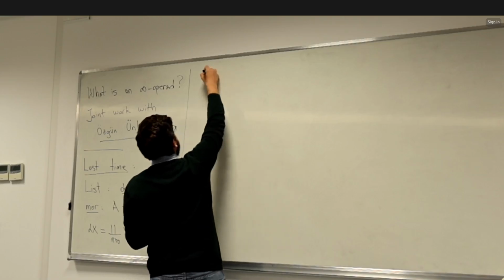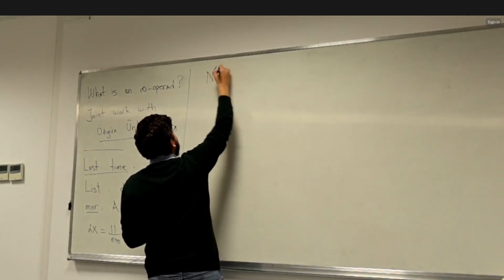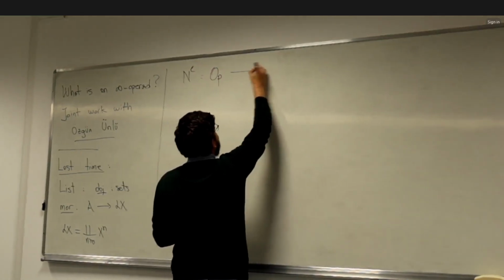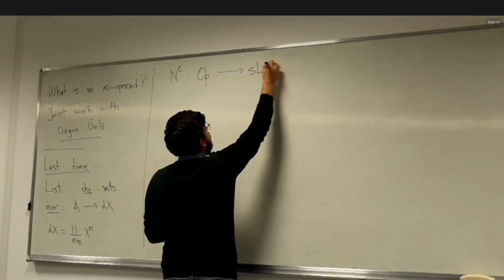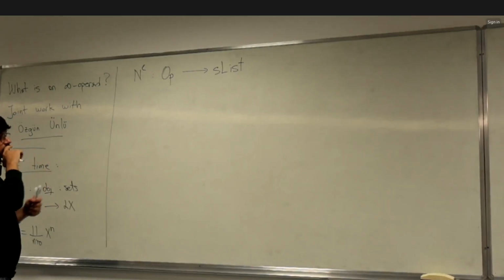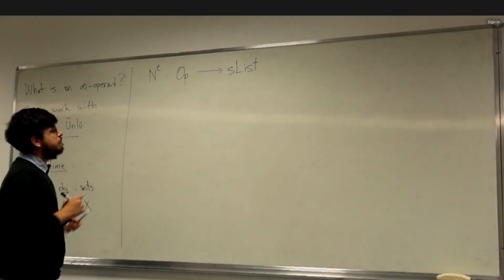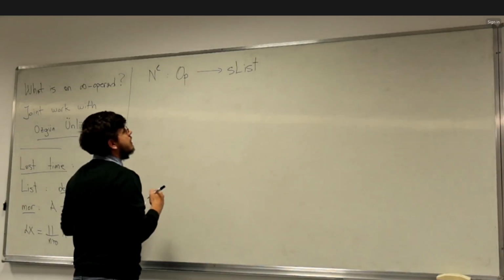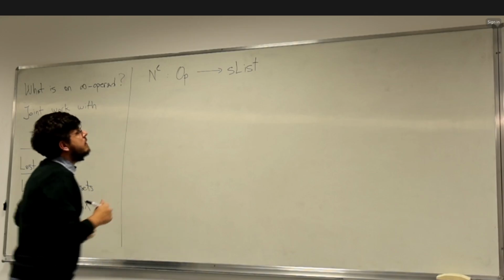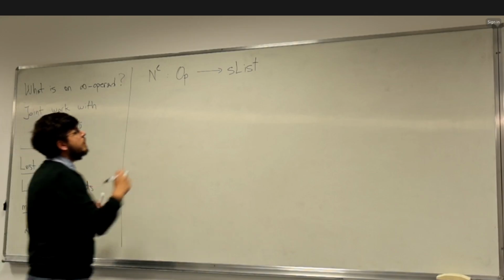Then we built a nerve functor from the category of operads to a category of simplicial lists. Let me quickly revisit what this was.